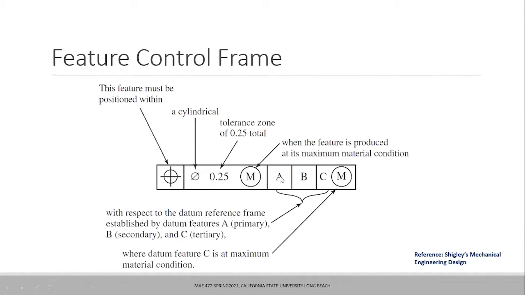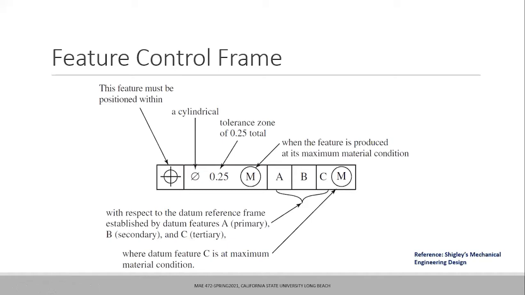Then the other compartments represent the order of datums: datum A, then constrained with datum B, and the third is datum C. Again, you can provide a modifier for a datum if you need that. So this rectangular block, which contains the GD&T symbol, the amount of tolerance zone, and the ordering of datums, is all you need for specifying a control in your drawing.